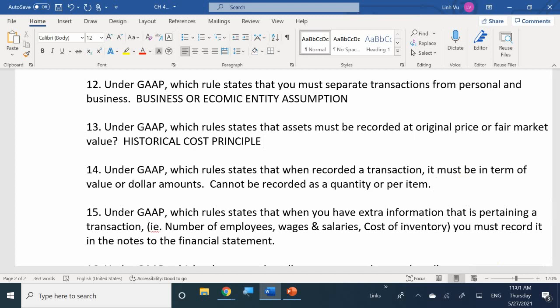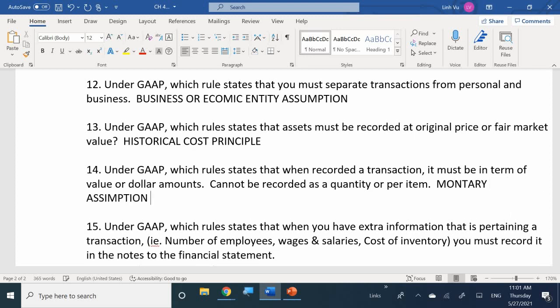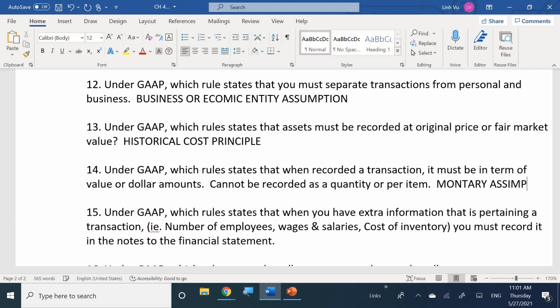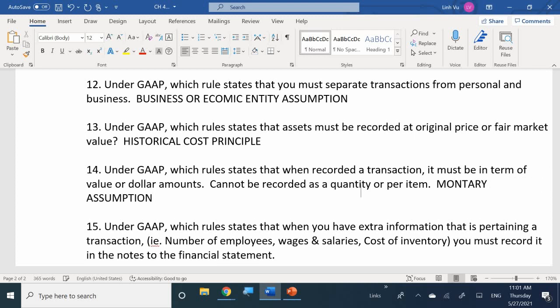A monetary measurement. Monetary measurement. In this case, I'm okay if you guys just refer to this as monetary assumption. You don't have to be specific. As long as it's one of those three criterias, it's fine. Good.